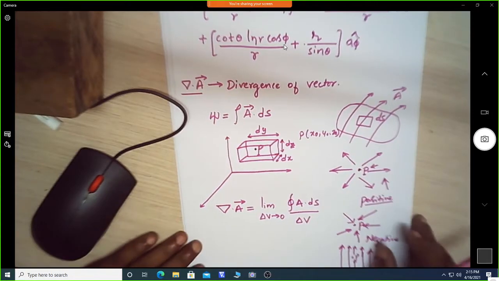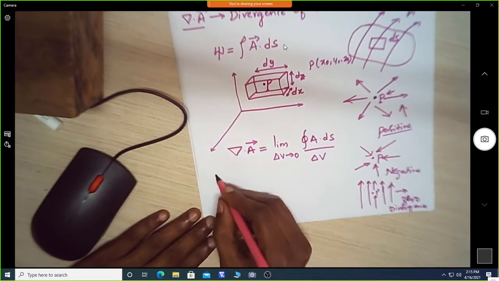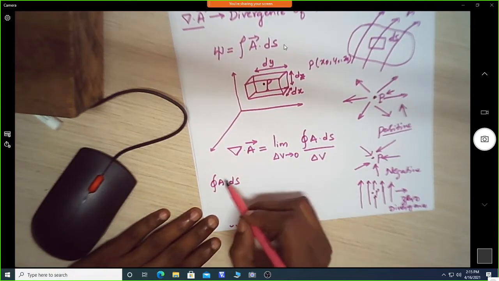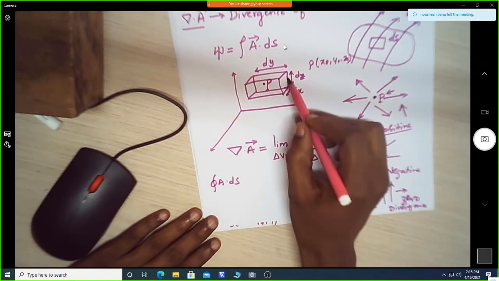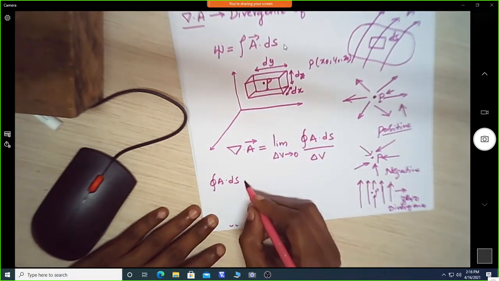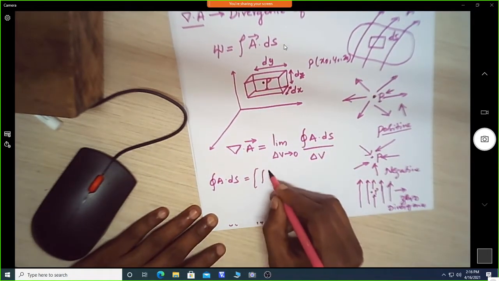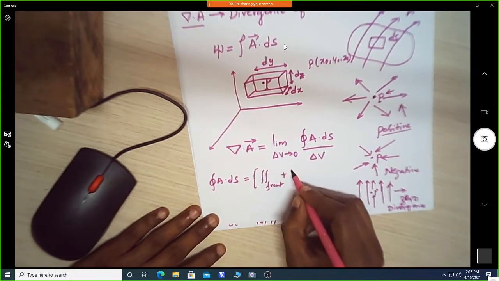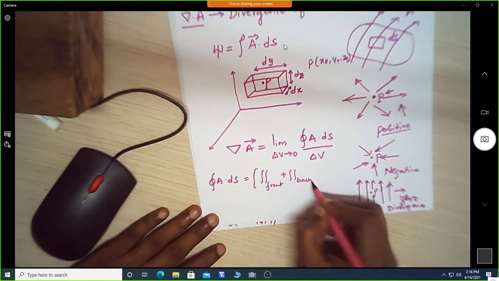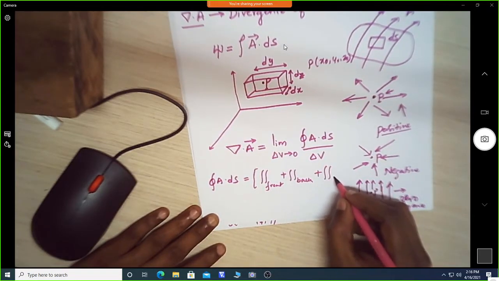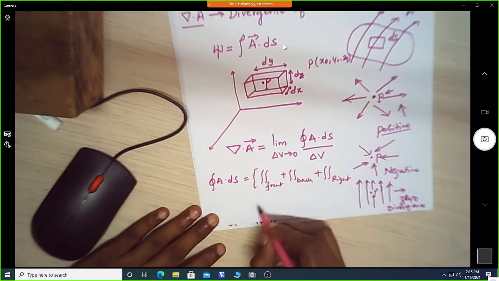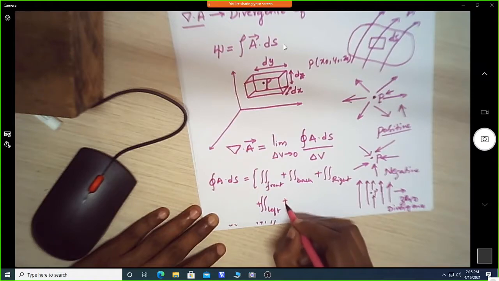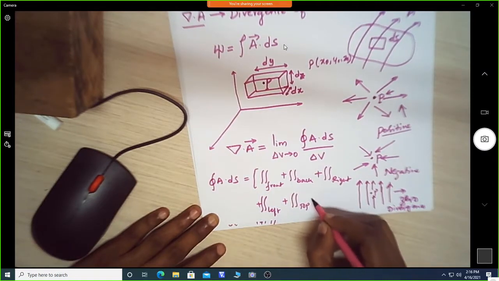So now we will define A dot ds, that closed surface integral. How many surfaces are there? We have 6 surfaces, so that is equal to the integral of the front side surface, plus the back side, plus the integral of the right side, plus the integral of the left side, plus the integral of top and bottom.